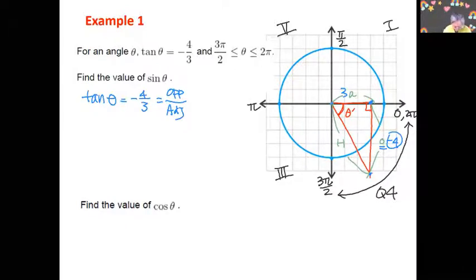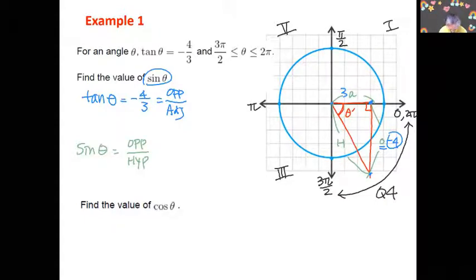Then in order to find sine, let's see what ratio makes the sine. Sine of that angle will be opposite over hypotenuse. Then we need to know the hypotenuse. But how can I find the hypotenuse though? Well, we have that powerful weapon. It's called the Pythagorean theorem, right?